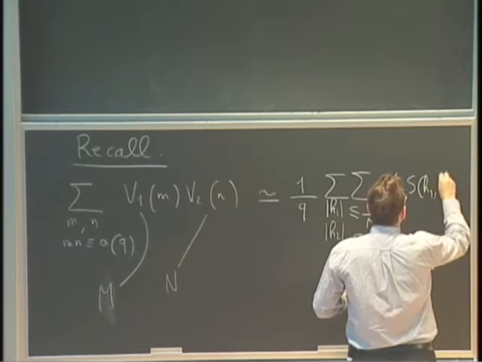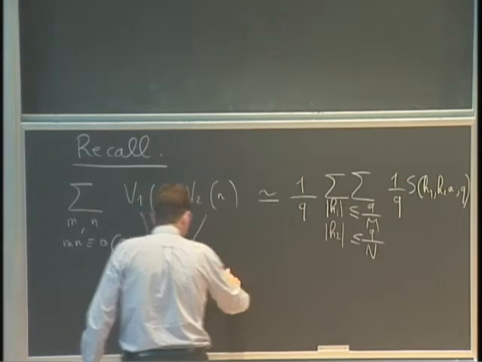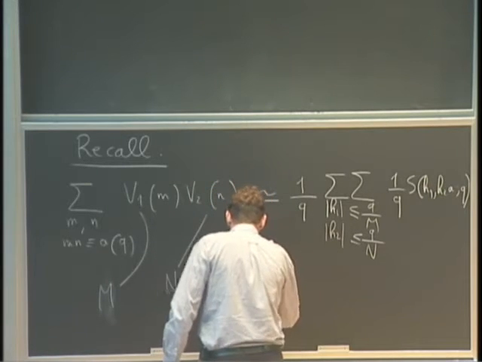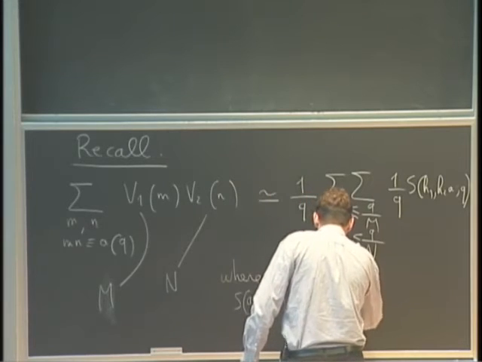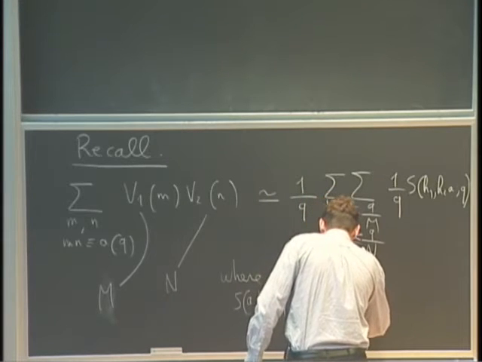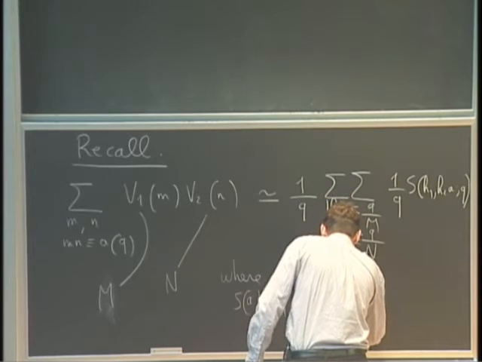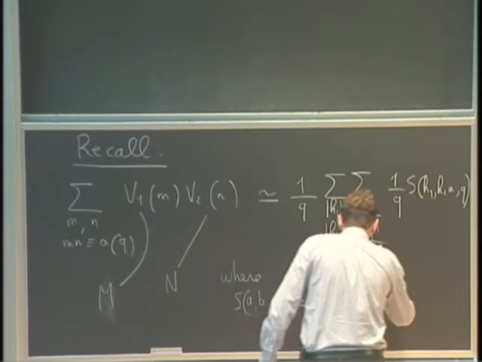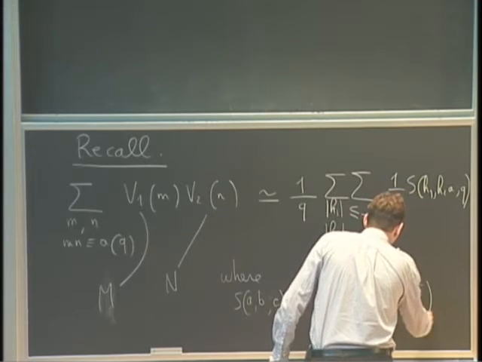So then we have Kloosterman sums, where S(a,b;c) is the Kloosterman sum defined as the sum over x invertible modulo c of e((ax + b times the inverse of x modulo c)/c).